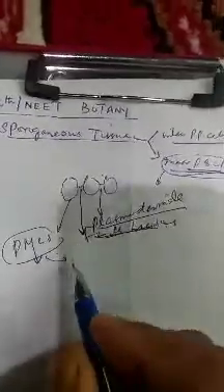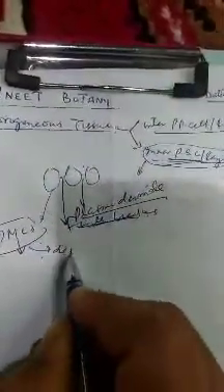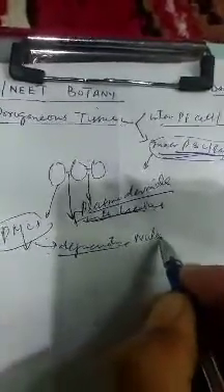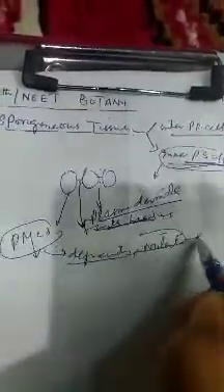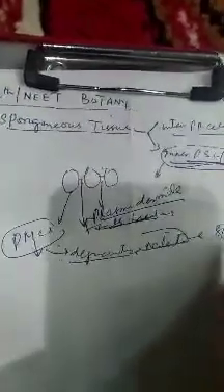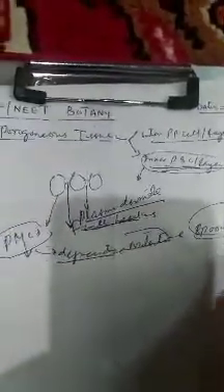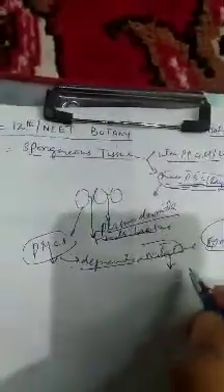Some of these pollen mother cells degenerate and provide nutrition to the developing microspore mother cells or pollen mother cells, while some cells act as pollen mother cells.